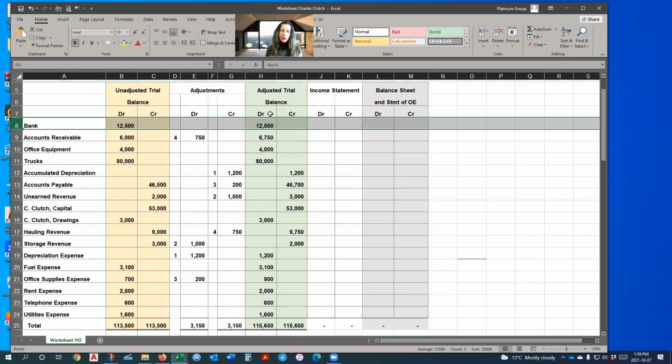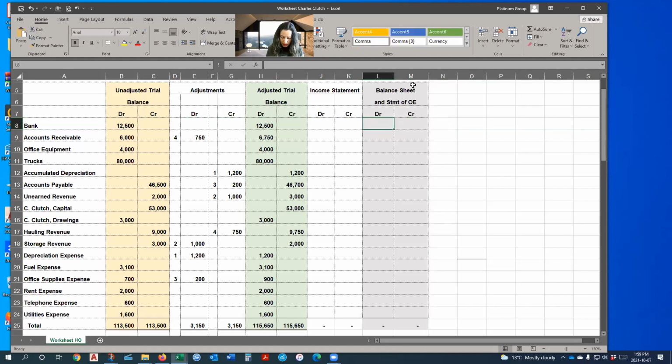We have to ask ourselves, what type of account is this? Bank is an asset. Where are assets located? On the balance sheet or on the income statement? Well, assets are located on the balance sheet. It's a debit balance here. So in our balance sheet debit balance, let's put the bank in.